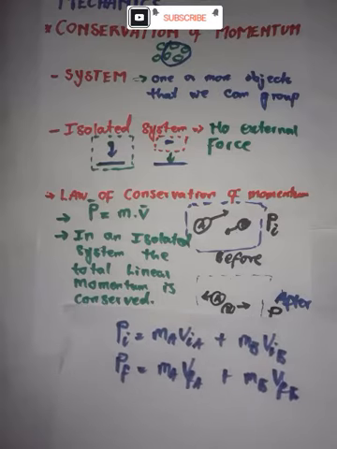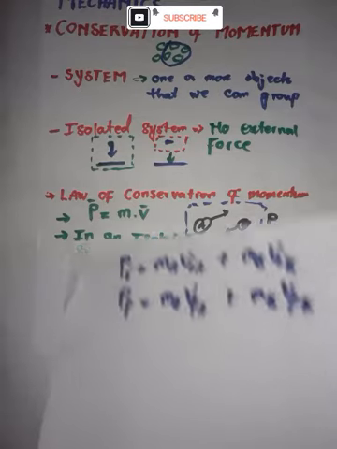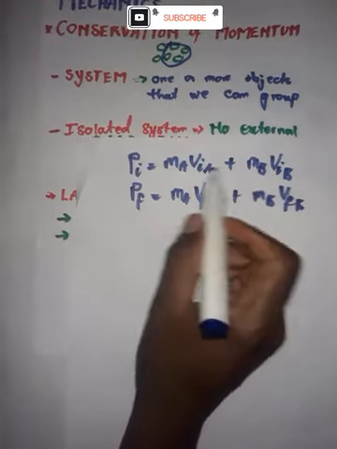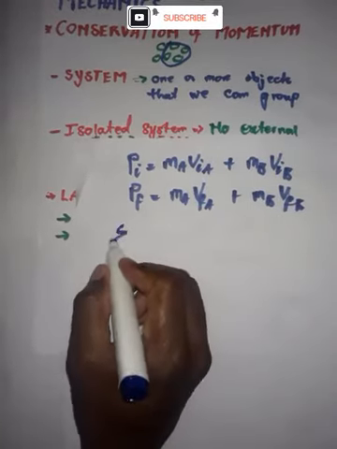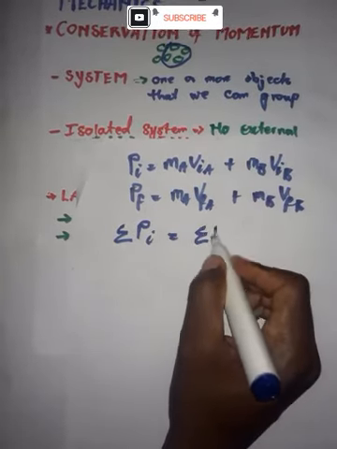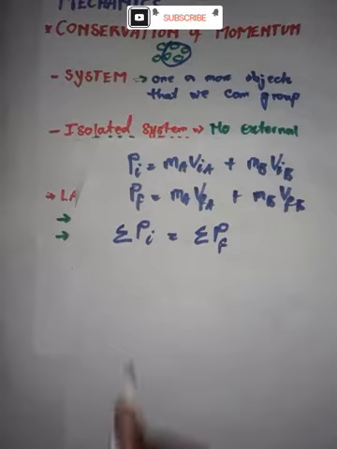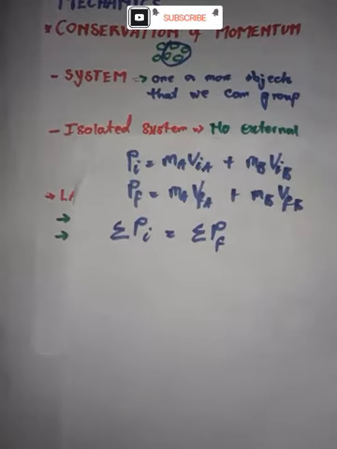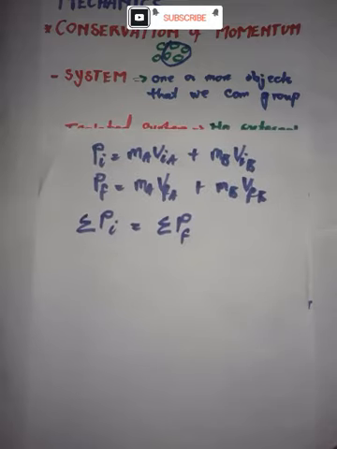Since we said the total linear momentum is conserved, the momentum initial is the same as the momentum final. Remember this is the sum of these momentums, so we can say the sum of momentum initial is the same as the sum of momentum final, because we were taking the momentum of each and every object within the system.